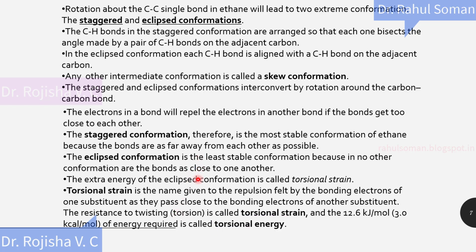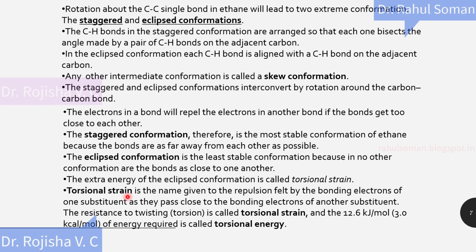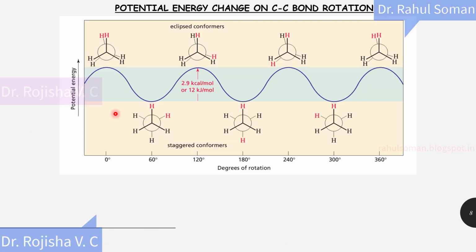There is a strain in the molecule, called the torsional strain, due to the repulsion felt when they are in the eclipsed conformer: the hydrogens come parallel, back to back, and that repulsion causes strain, or instability, in the molecule.